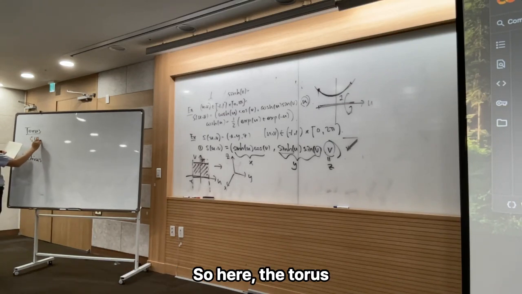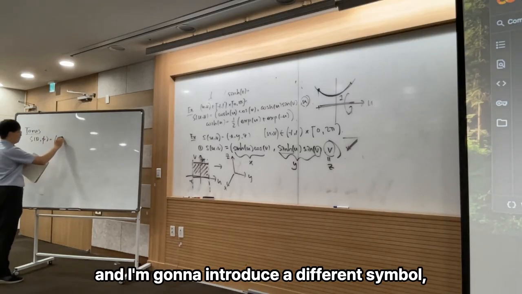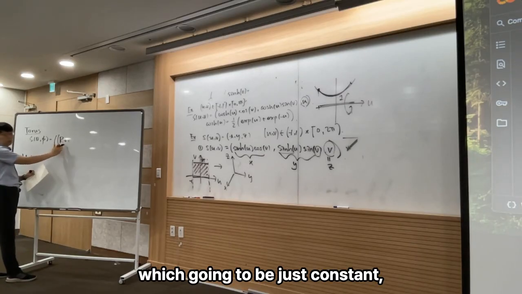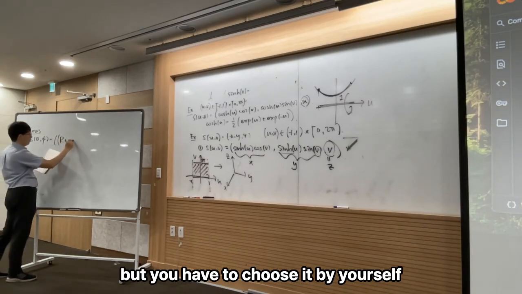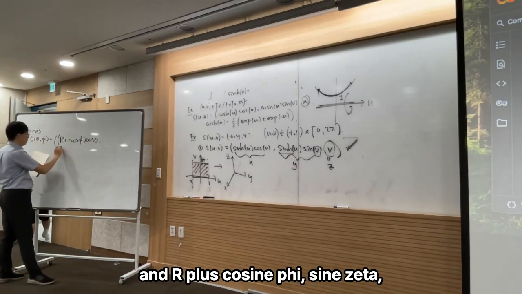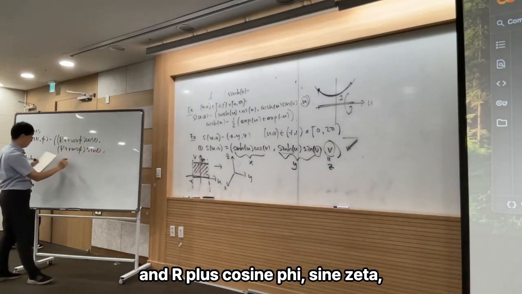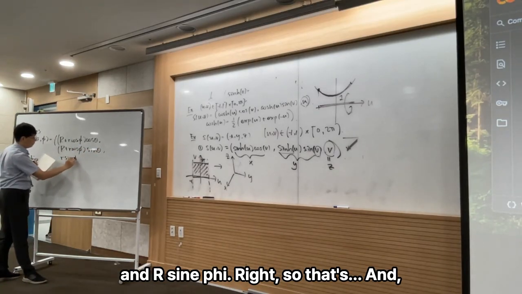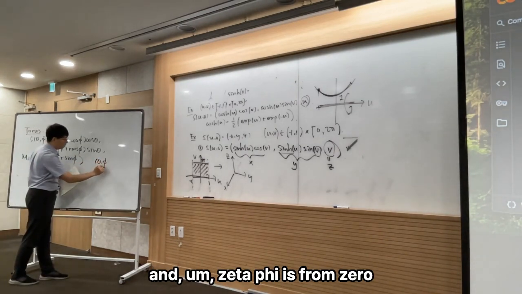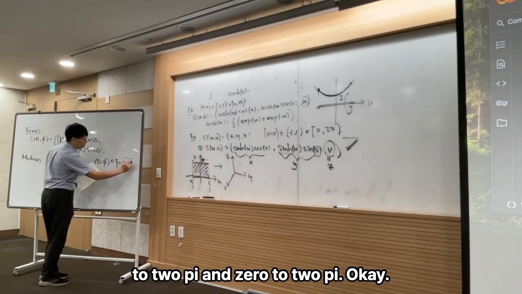Here, the torus has 2 independent variables, theta and phi, and I'm going to introduce a different symbol, big R and small r, which are just constants, but you have to choose them yourself to draw a real torus here: (R plus r cosine phi) cosine theta, (R plus r cosine phi) sine theta, and r sine phi. Theta and phi are from 0 to 2 pi.